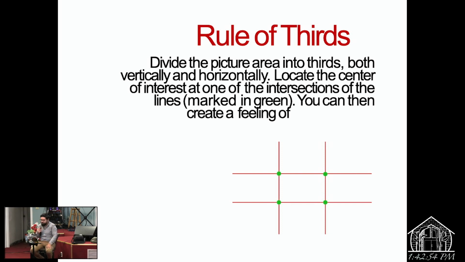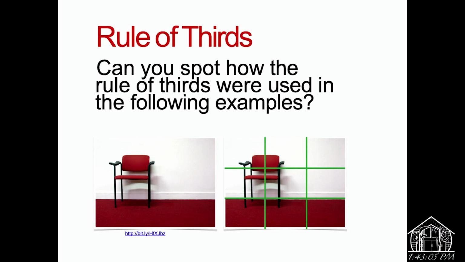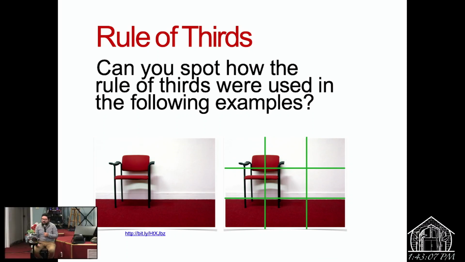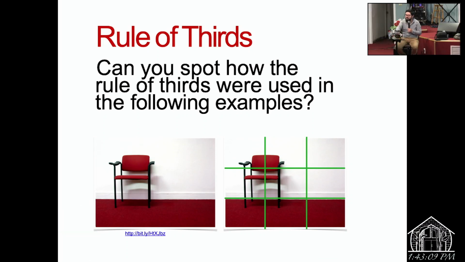So right here we have an example. If you see right here, we have this chair, okay? Right here, you can see the rule of thirds. You see it's intersecting right on top of the chair, the top right and top left corner.